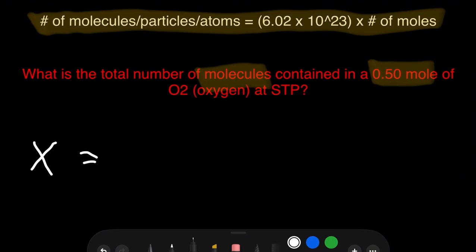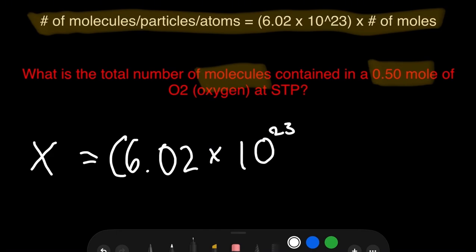Then we're just going to input Avogadro's constant, or avocado, however you want to say it, which is 6.02 times 10 to the power of 23, multiplied by the number of moles that they give us, which is right here, 0.5 or 0.50, whatever you want to say.